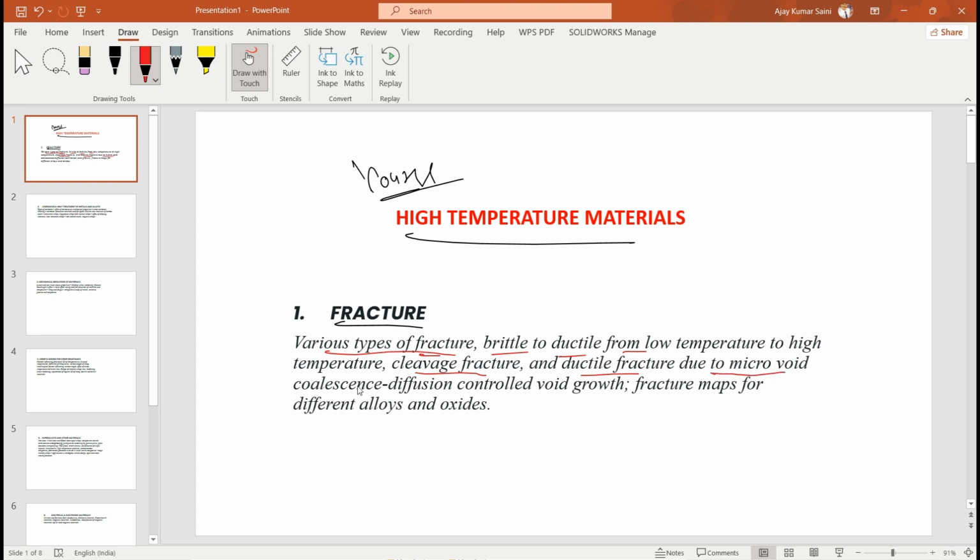Okay, so you say that in these materials, some words, you know, words like in Hindi we can say that very small holes are formed, and those are called voids. Collisions, diffusion controlled void growth. Okay, and fracture map for the different alloys and oxides. So I cover all these topics in the upcoming videos.